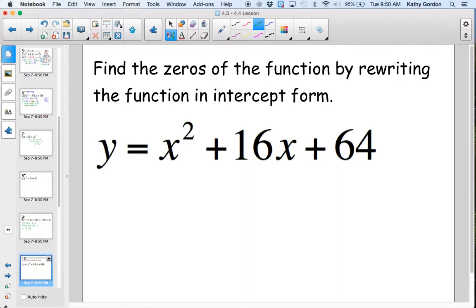But because it's a function instead of an equation, we call what we're looking for zeros instead of solutions. But the process doesn't actually change. And like somebody said over here in the corner, basically your thought process is, I'm just going to replace the y with 0 and then solve it. Those are the zeros of the function. So if I do that, if I replace this with a big old 0, how can I factor that?